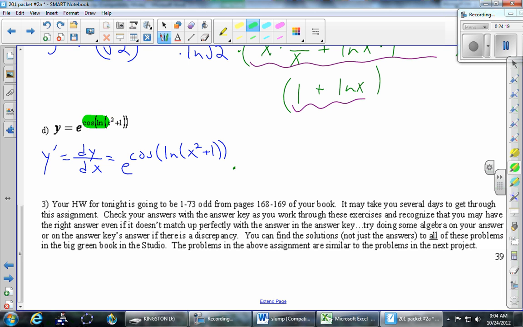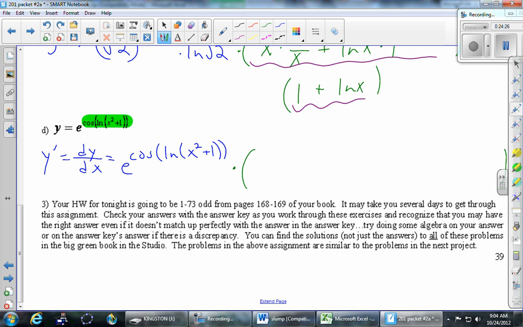We're looking for the derivative of all this. So whatever that is is going to go in here. I see cosine of some stuff, so that's another chain rule. The derivative of cosine of stuff is negative sine of stuff.